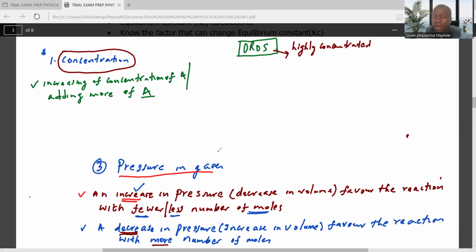What does this mean? Now I'm taking you back to acid and base. It shows that in terms of its concentration, it has more number of moles in proportion to the volume of water.